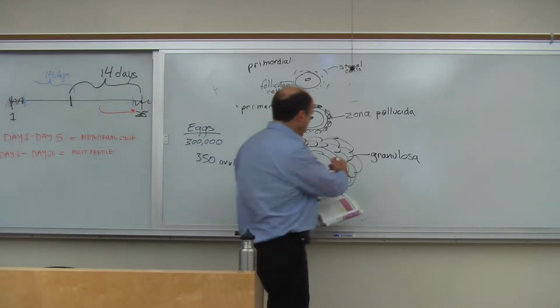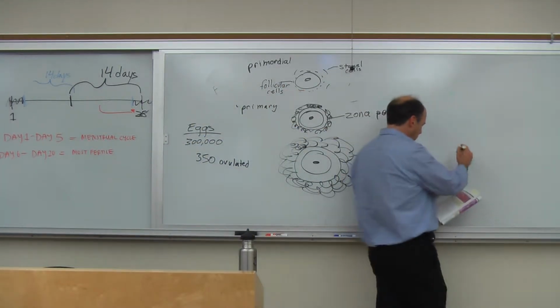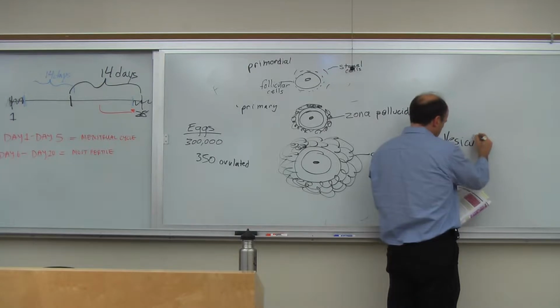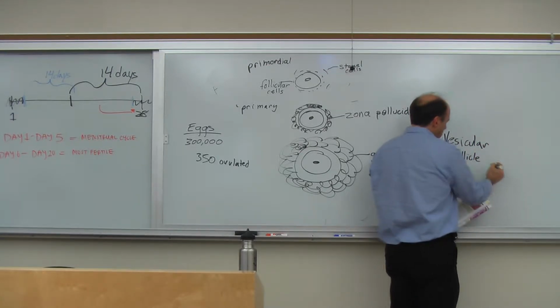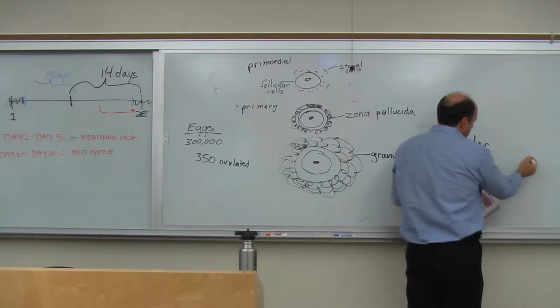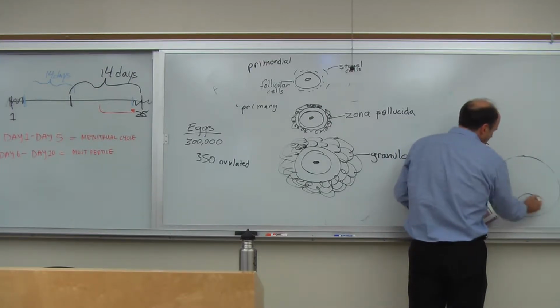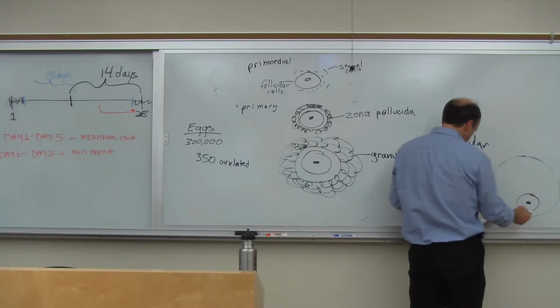Okay, so the next stage beyond this was the vesicular follicle, and here it's a bigger mass. Still, you have the oocyte down here. It's off center.